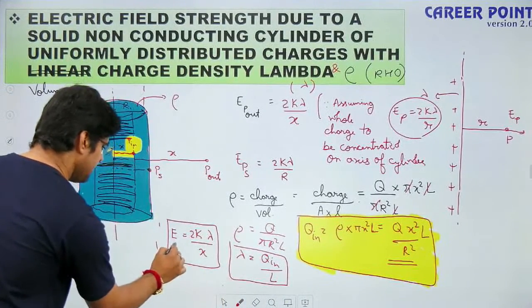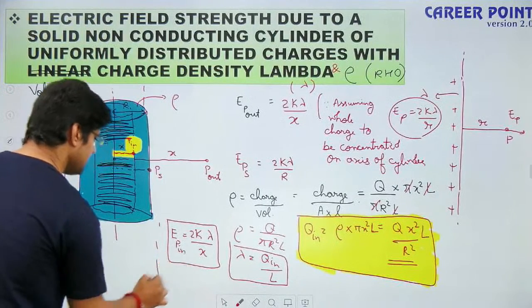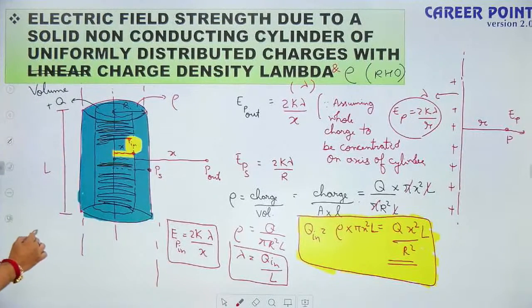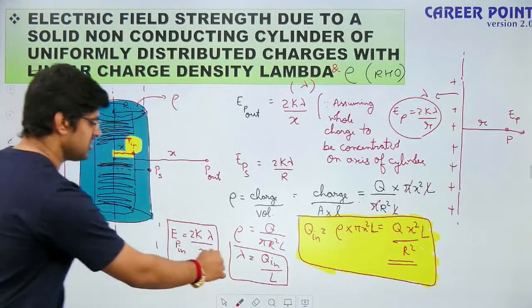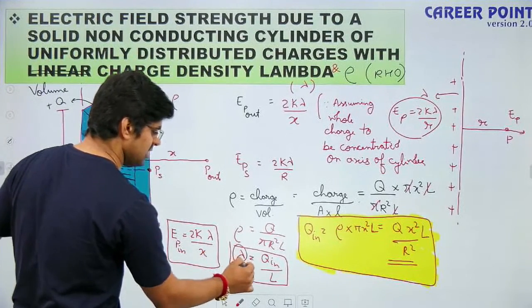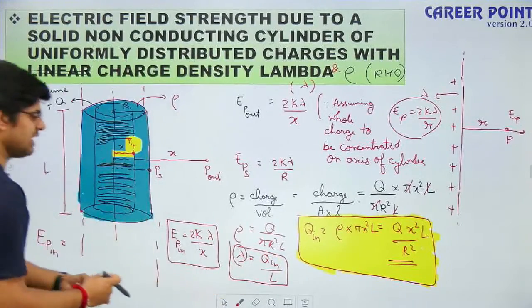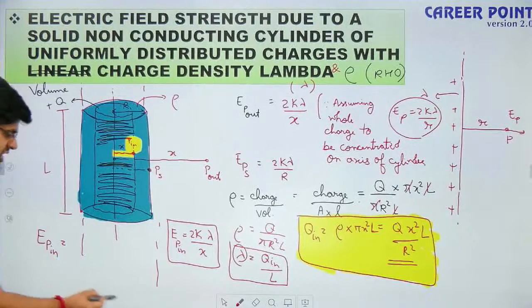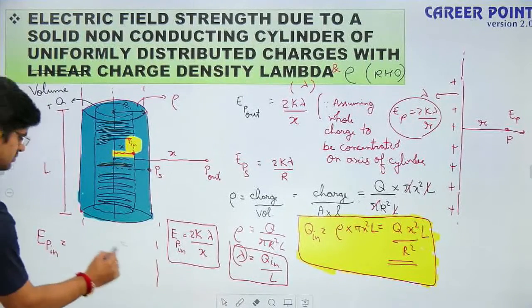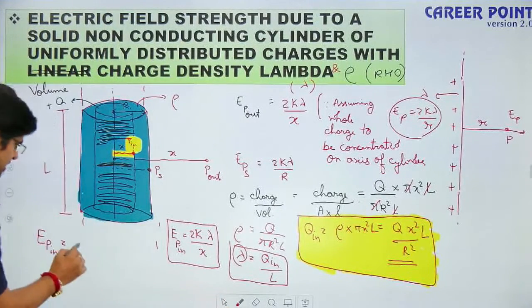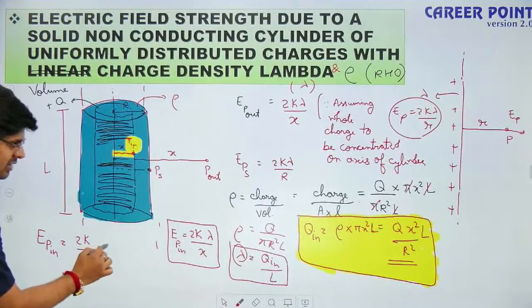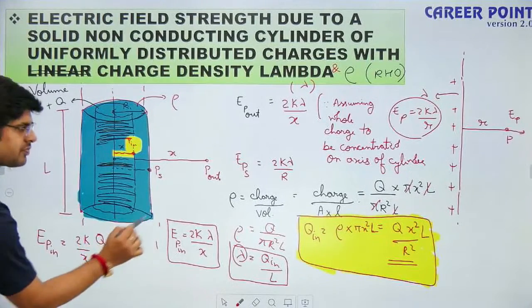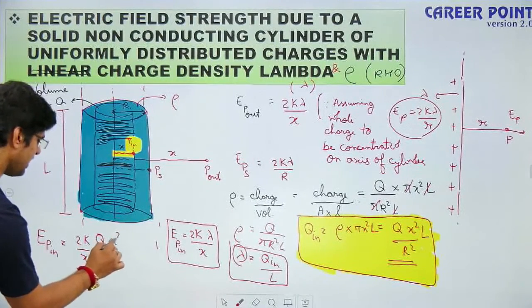What is this? Electric field at P inside. Electric field at P inside will be given by 2k lambda by x. Instead of lambda, I am writing lambda for the charge present inside, that is lambda is equal to q inside by L. So I am writing 2k by x into q inside by L. Q inside by L is q x square by r square.